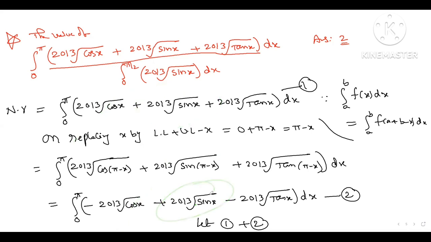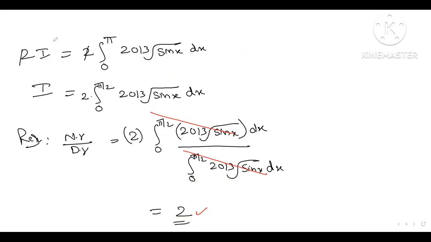Same value here and there. Okay, I will explain on the next page. Integral 0 to pi, 2 times of this value. So 2I is equal to 2 times integral 0 to pi of the 2013th root of sin x dx. Both sides 2 cancel.